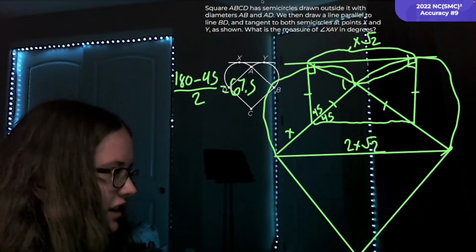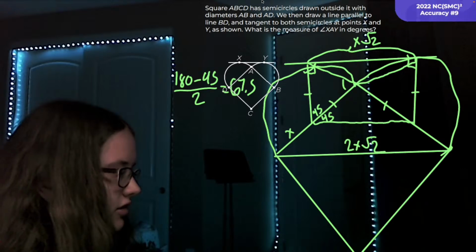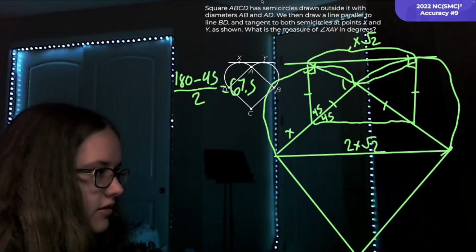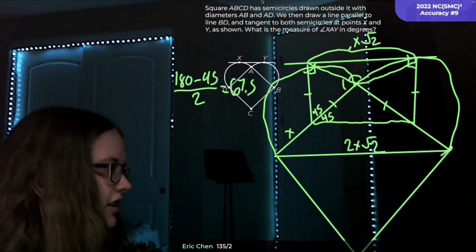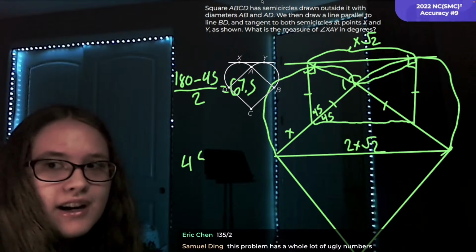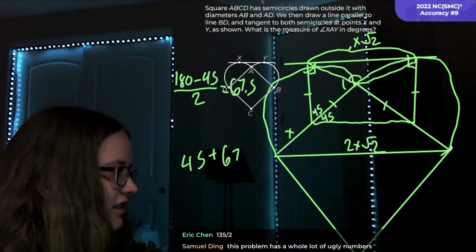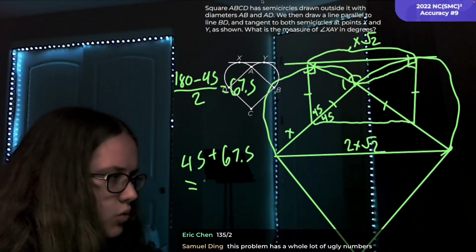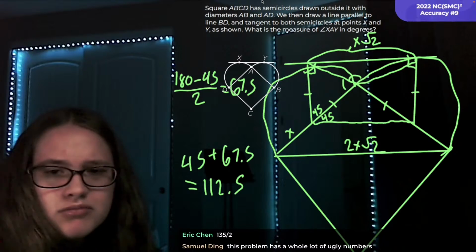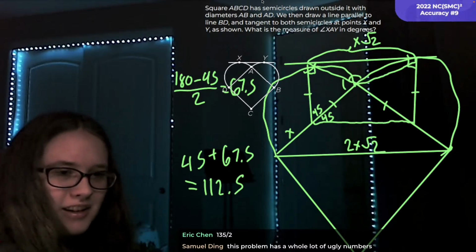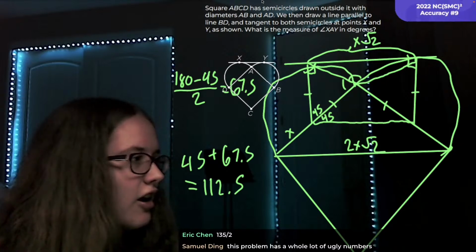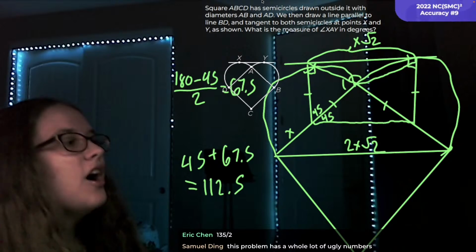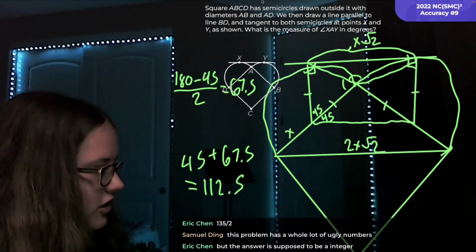So that's this angle and this angle, and then add 45 to that because of the extra angle, and you get that. So our answer should be 45 plus 67.5, which is 112.5. I think it's kind of ugly. Oh, an integer. That's because they're not supplementary, are they?